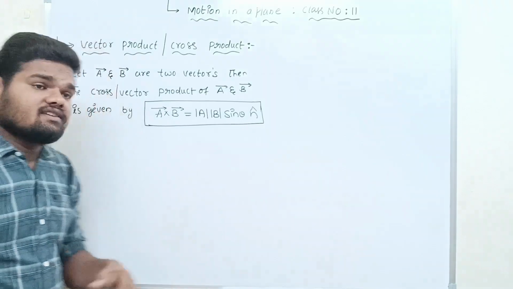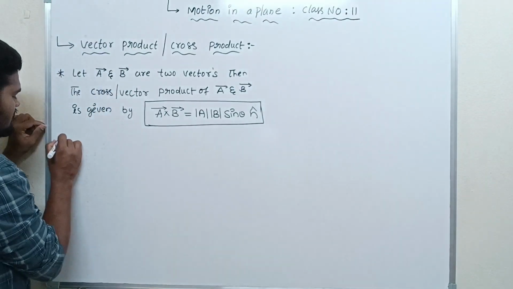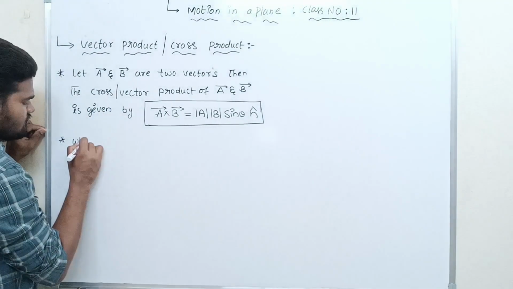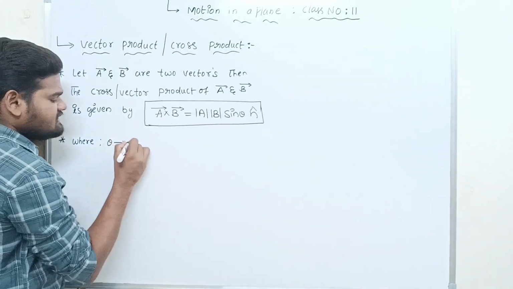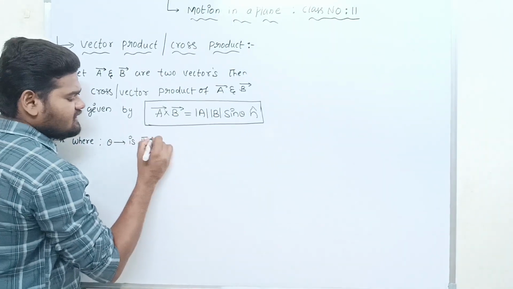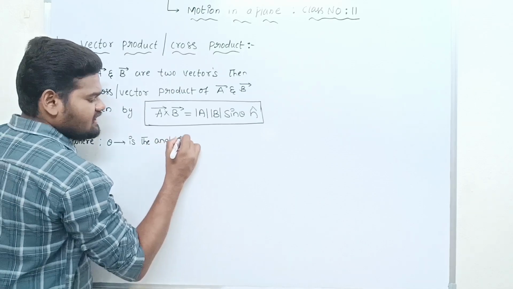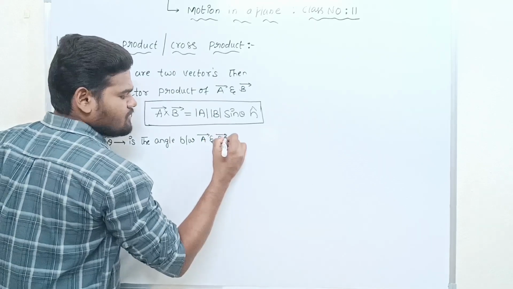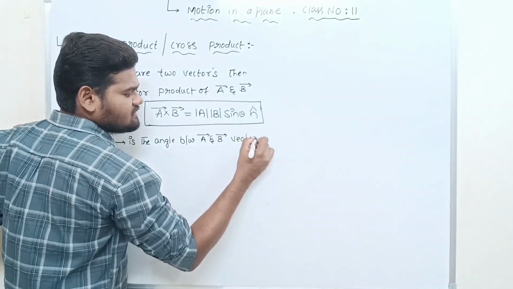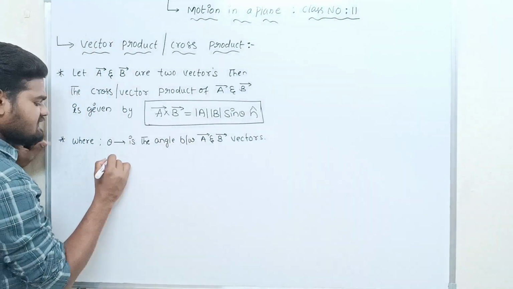What is n cap? Where theta is the angle between a bar and b bar vectors. So what is n cap?